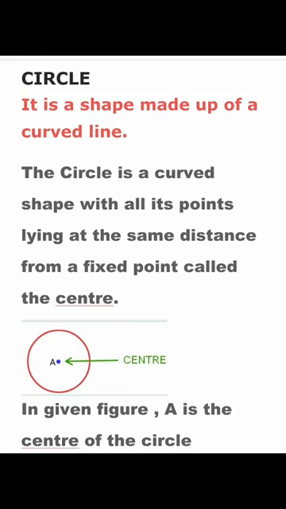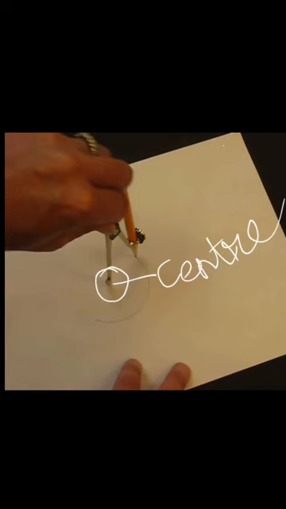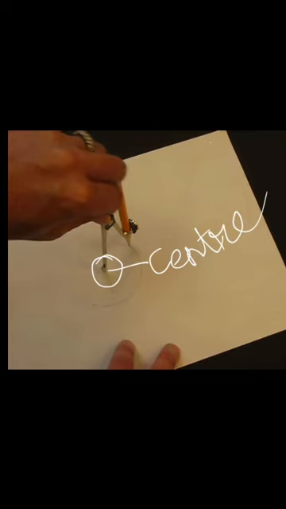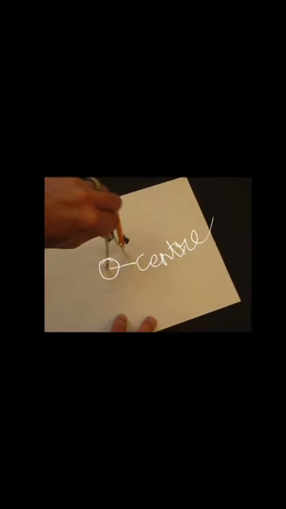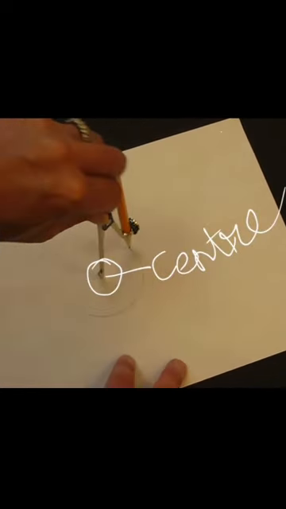But more accurately, the center of a circle is that point where the metal arm of the compass is placed while drawing the circle.